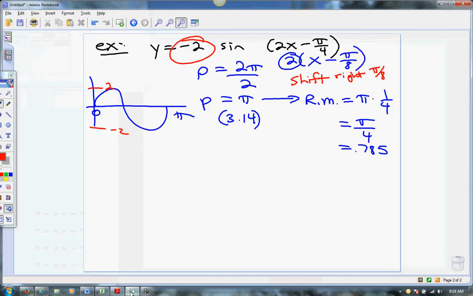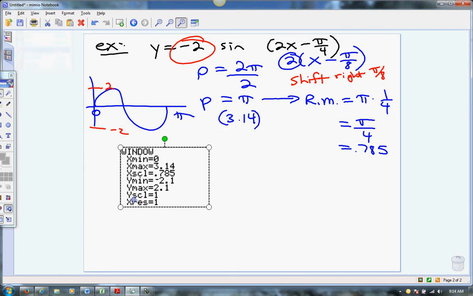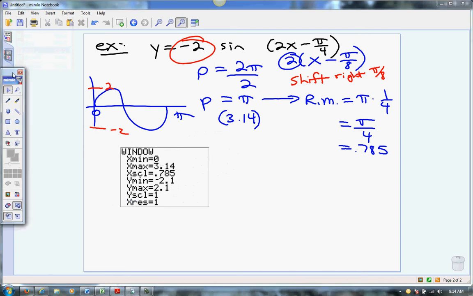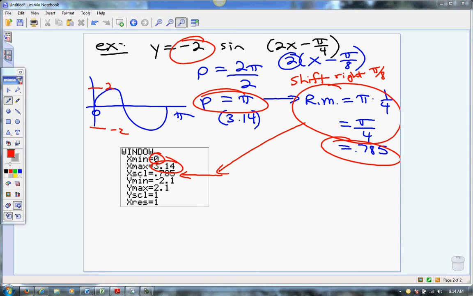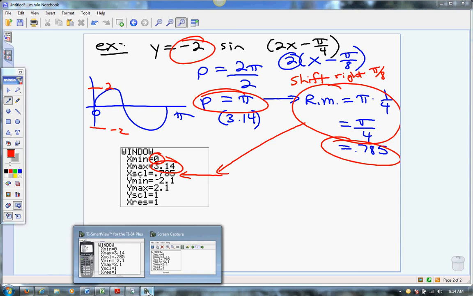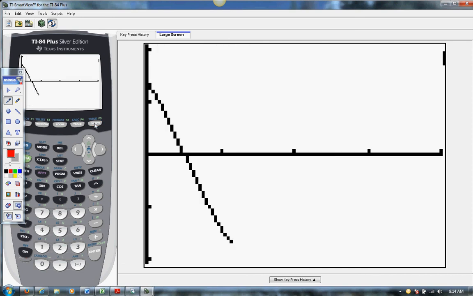So this window screen is critical. Being able to label and get, especially this x scale. This x scale, remember, came from my road marker. And my x minimum and x maximum came from the fact that my period was pi. So now all the hard work's done. We are now ready to graph this thing. So you can just press graph and let's see how we did.